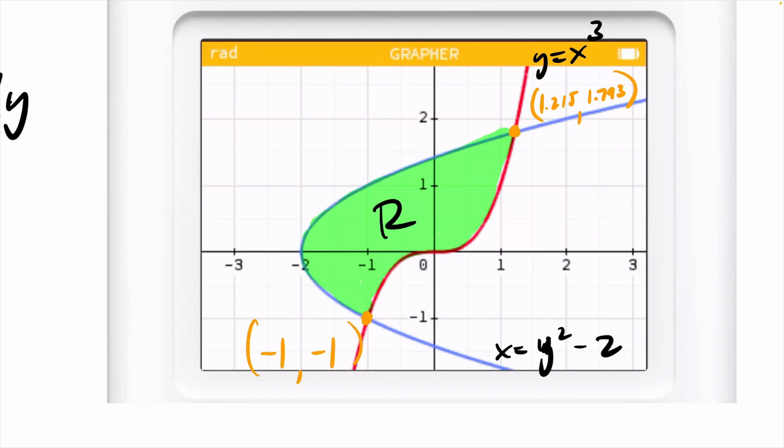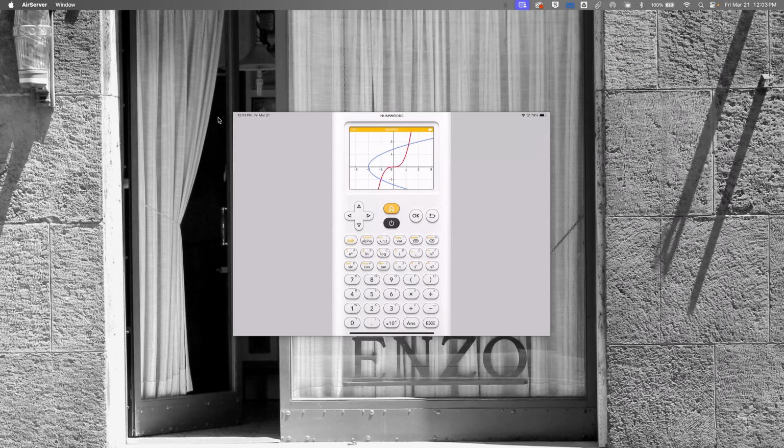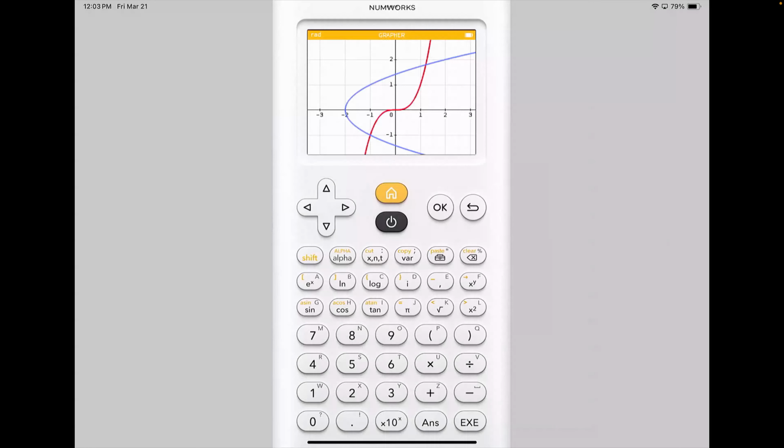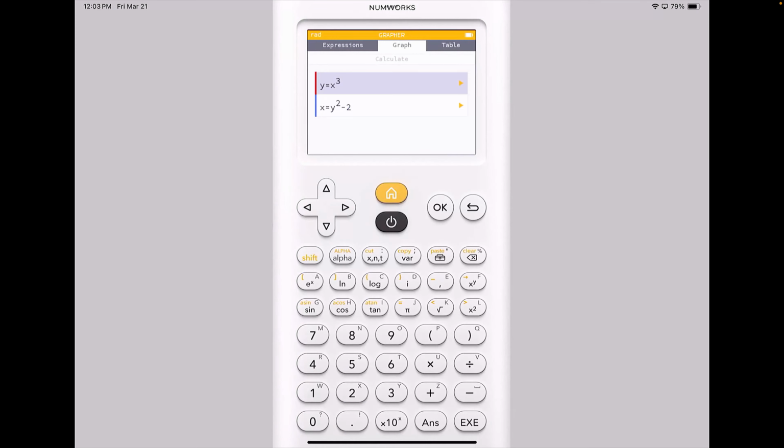For the top, you got 1.793, 1.793 for y. Let me double check. Again, this is what I got last year, and we've already seen one where it was wrong, so let me double check. Back, calculate, find.